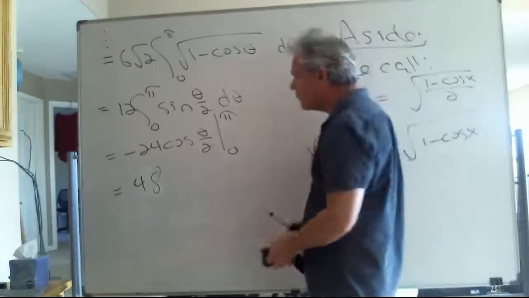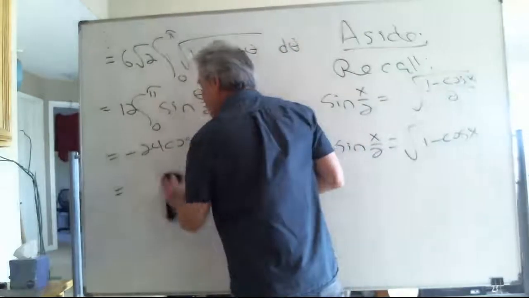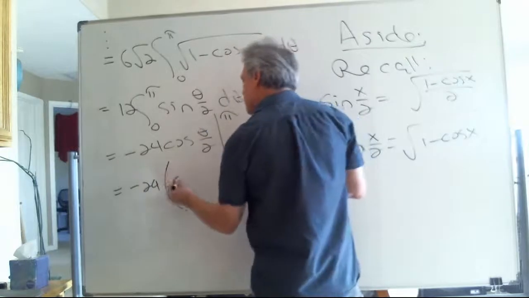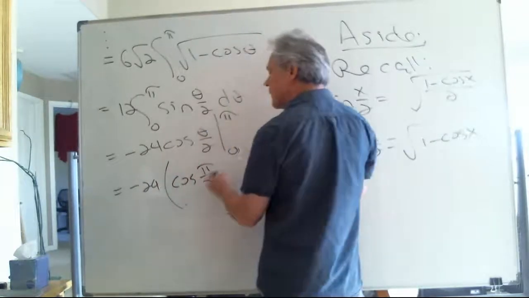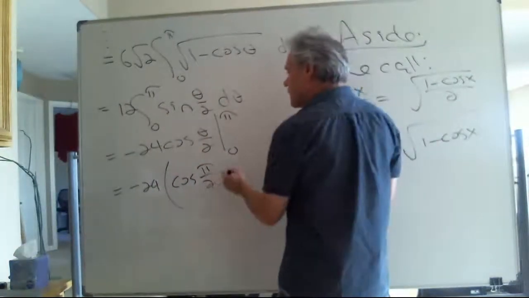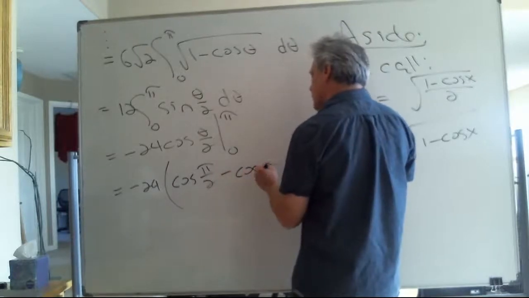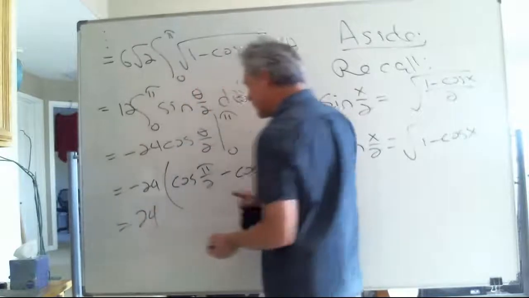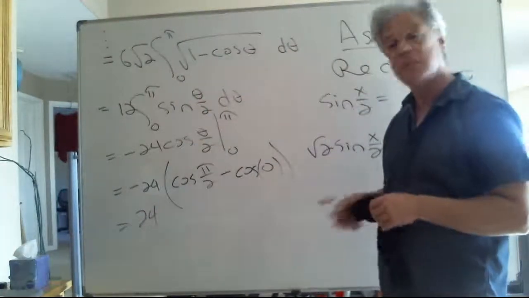I made a mistake. My apologies. I'm doing too much in my head. Let me show my steps. So negative 24 times a cosine of pi halves, minus the cosine of 0 radians. But that actually is just going to give me a positive 24 because the first term immediately goes to 0. My apologies, but at least I caught it.